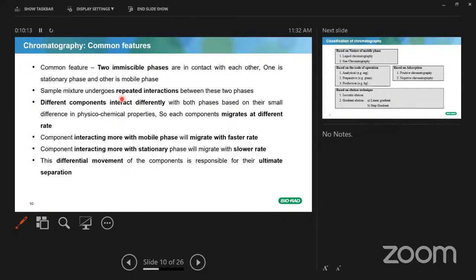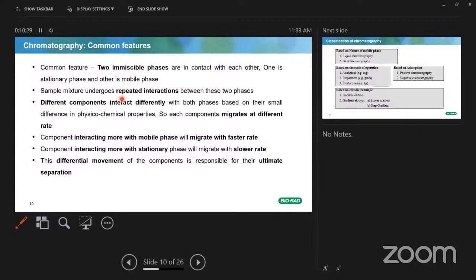Now, if it's a mixture of 4 or 5 components, each component has a different strength of interaction. It can be strong, it can be weak, and that is being exploited to separate out each individual component.